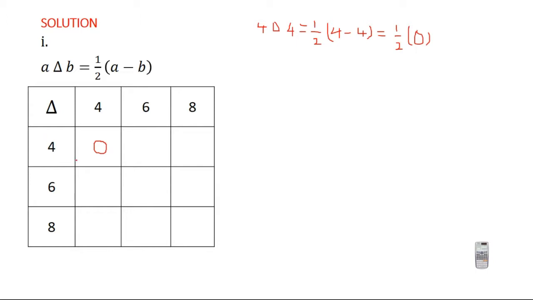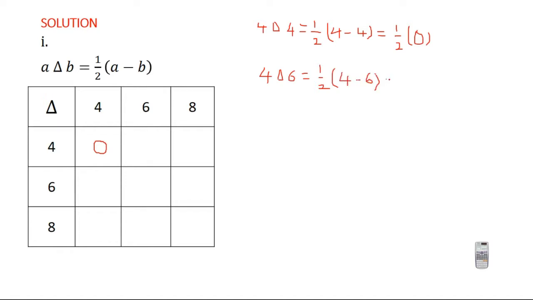We move on to the next one, which will be 4 delta 6. So we are going to perform that operation. You are going to use the definition to compute it. So it's 1 over 2 into bracket. Now since we have 4 delta 6, A is 4 and B is 6. So 4 minus 6.